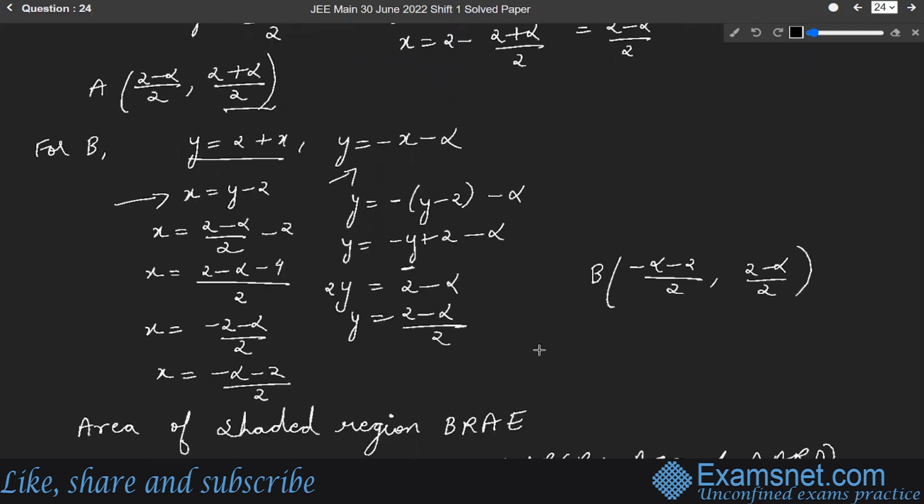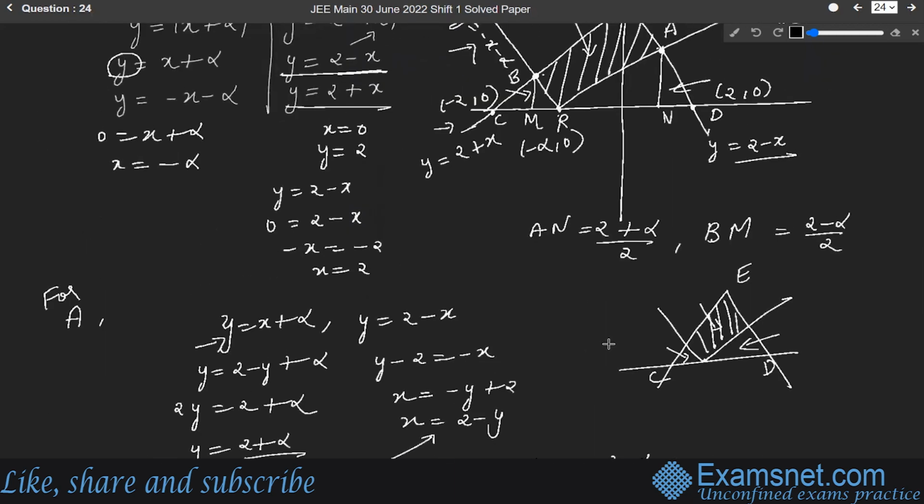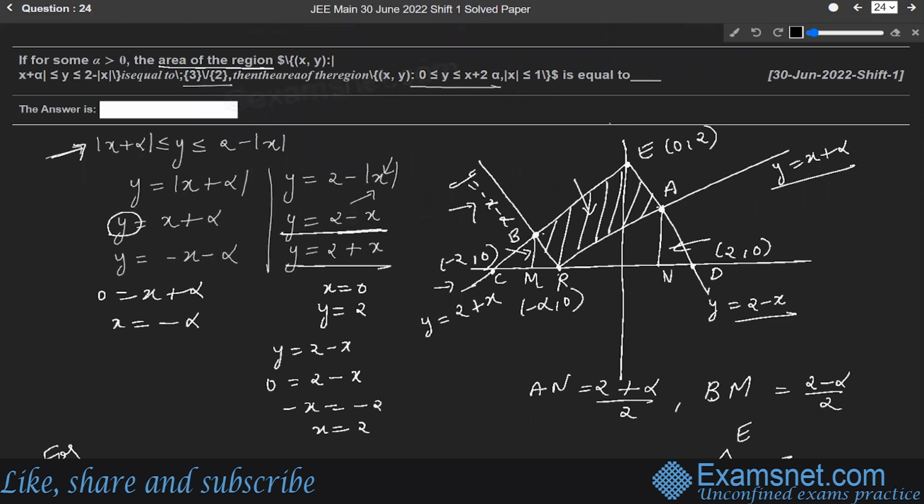You can check it. From CDE, we have to subtract the area of two portions, and both the portions are triangles. First is the triangle BCR, right? This is the triangle. And second portion is what? ARD. So we have to subtract this part and this part. So minus area of triangle BCR plus area of triangle ARD.